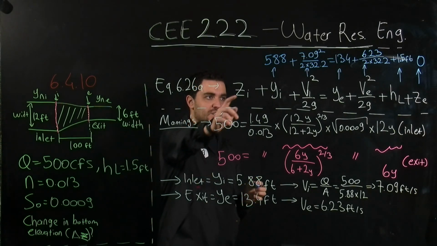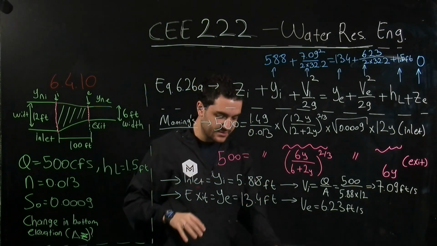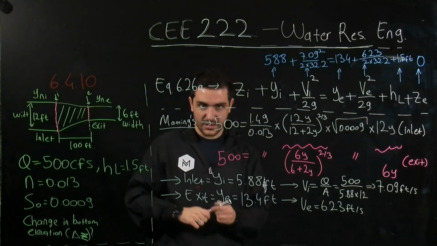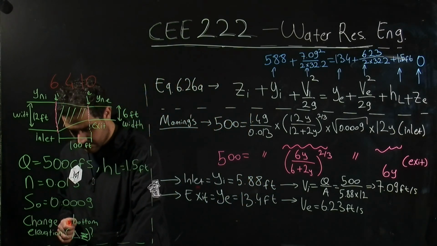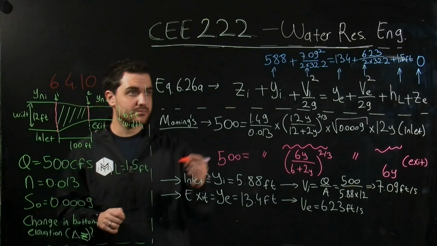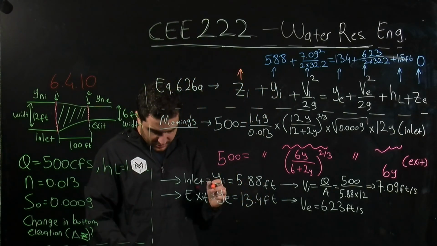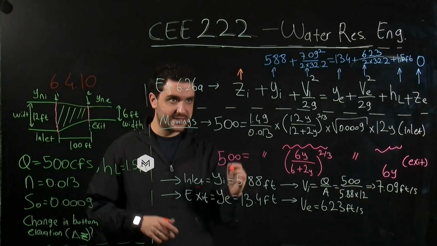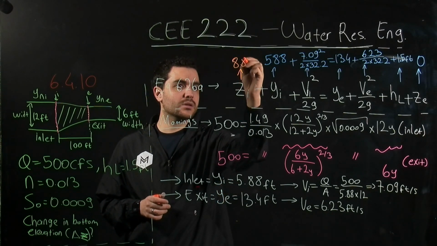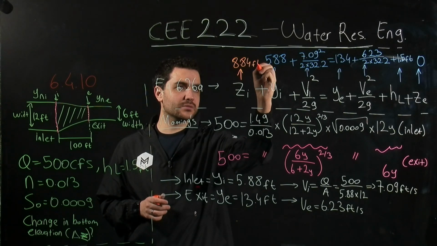Based on this equation, and since we already know everything, we can calculate ZT. It is calculated as 8.84 feet.